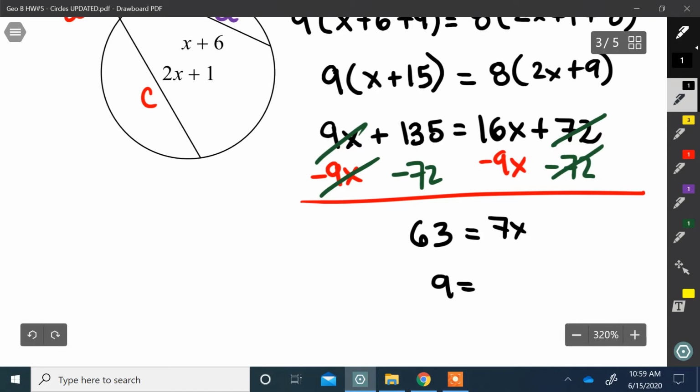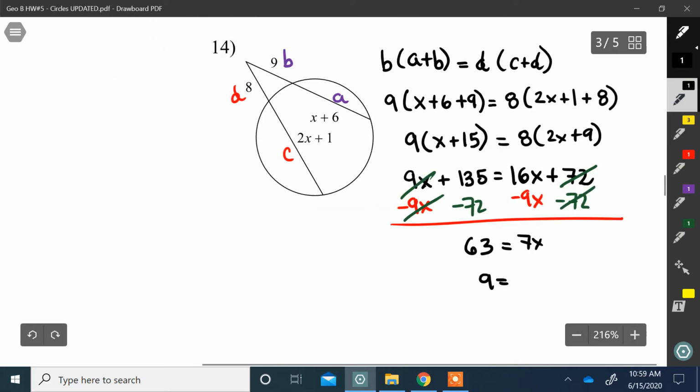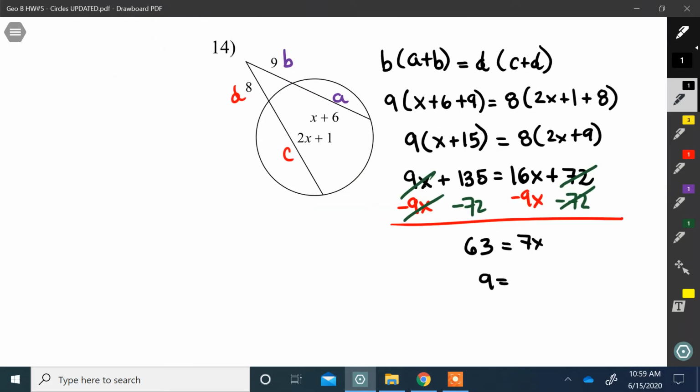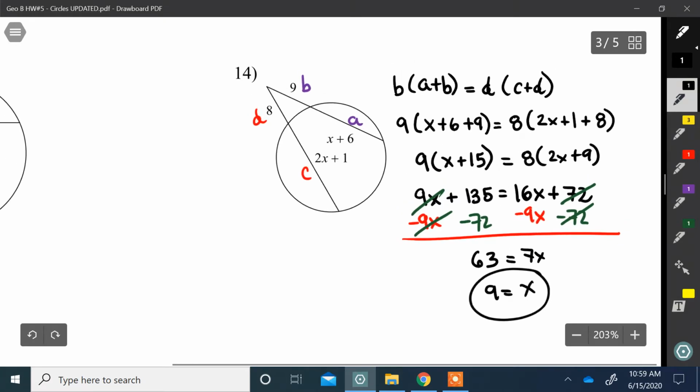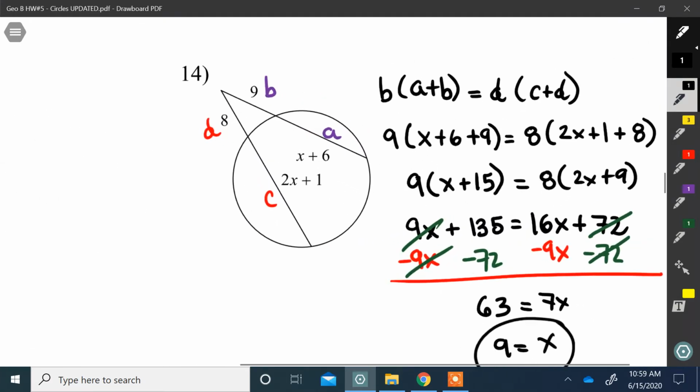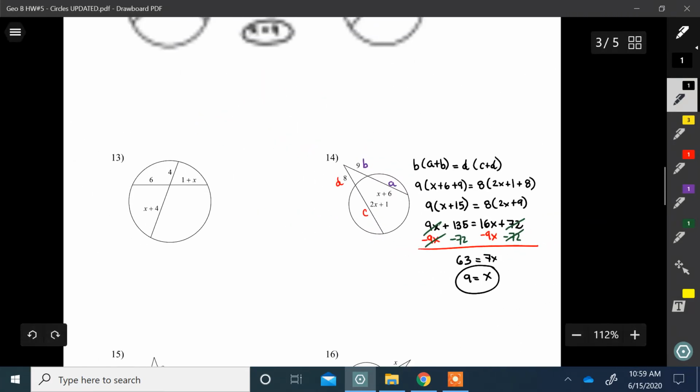I like it when I get integers because that tells me, hey, this is probably right, because after doing all that work you got an integer. That probably means that you got it right. So x is equal to 9 on that one right there. So I went ahead and did that one for you.